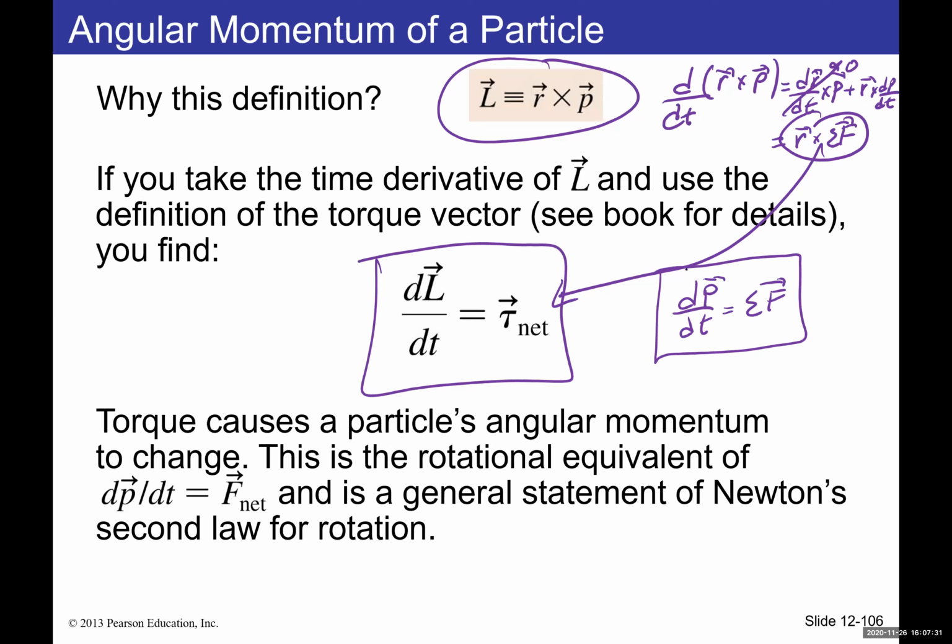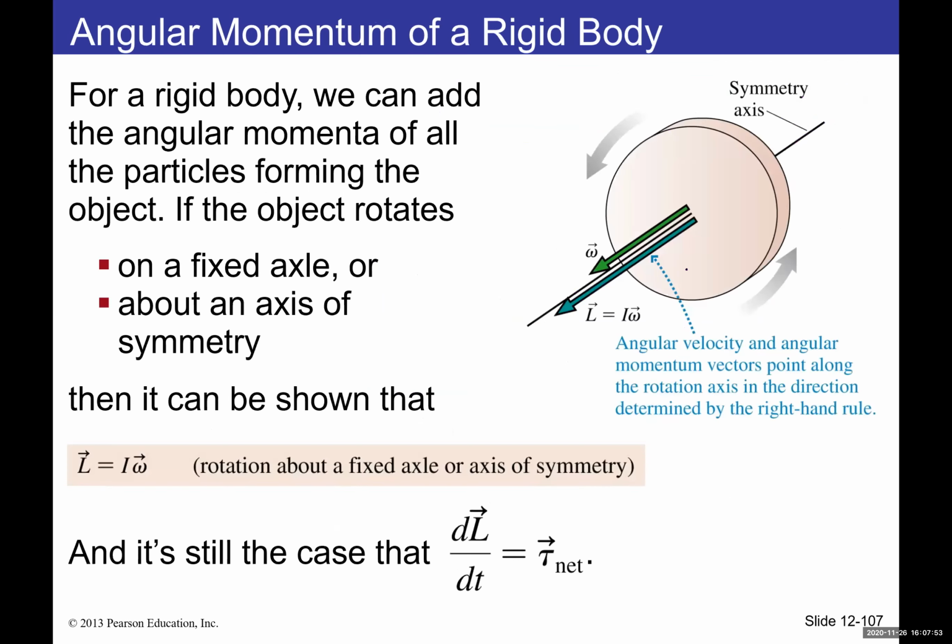The torque has to be an external torque acting on the object to change its angular momentum. Remember, angular momentum can be changed if you change the axis of rotation, or change your velocity direction, or change your distance. So that was for the particle.